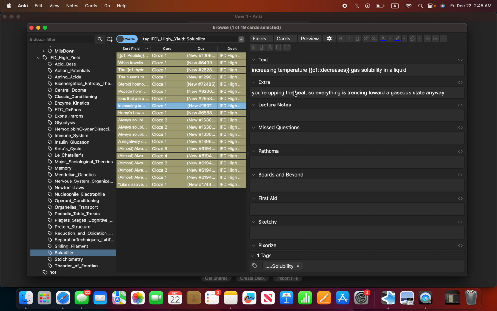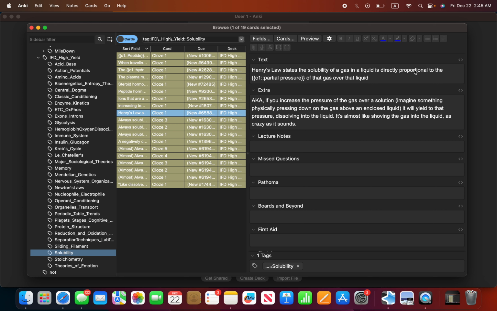So if you increase the pressure of the gas over a solution, imagine something physically pressing down on the gas above an enclosed liquid. It will yield to that pressure, dissolving into the liquid. It's almost like shoving the gas into the liquid, as crazy as it sounds.